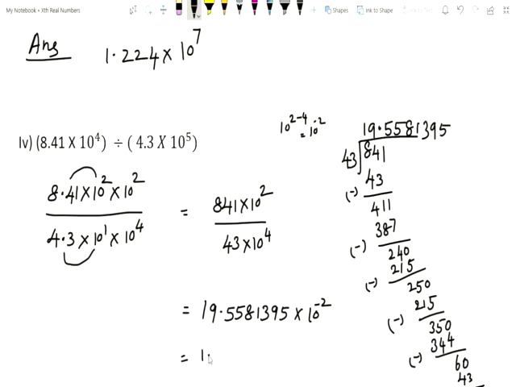Now you convert this to scientific notation, the decimal will move. So 1.955811395 into 10 power 1, because 1 place only it moves, into 10 power minus 2.